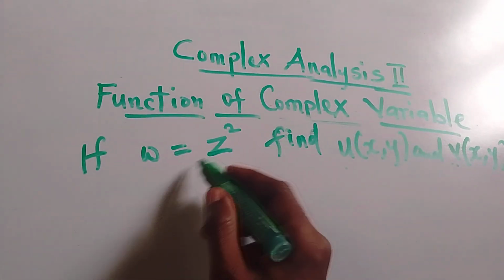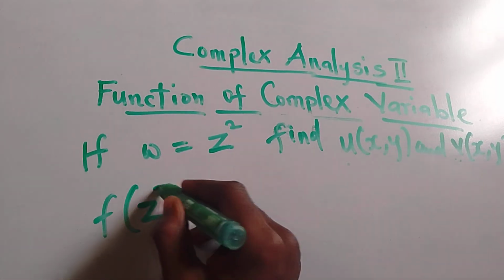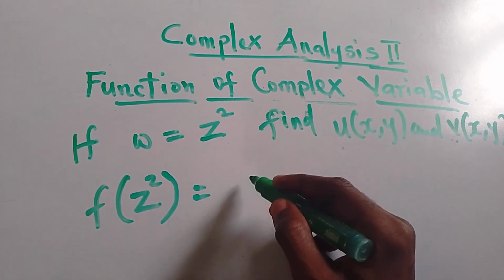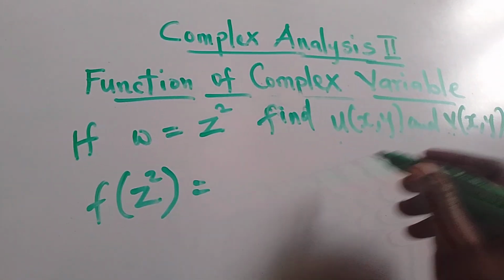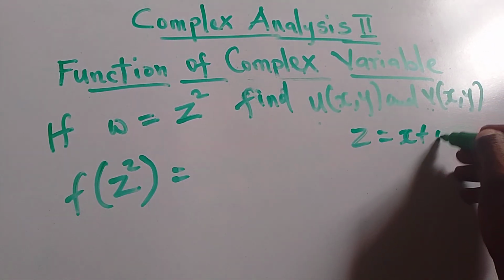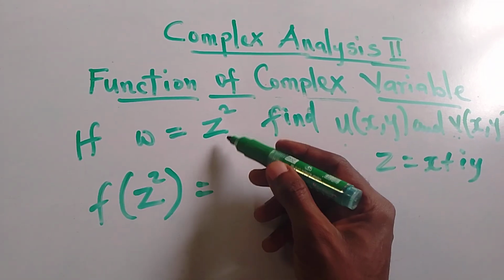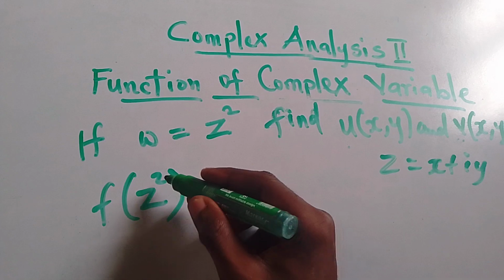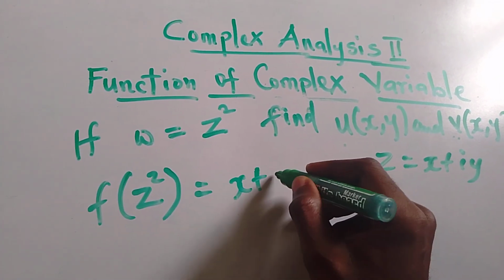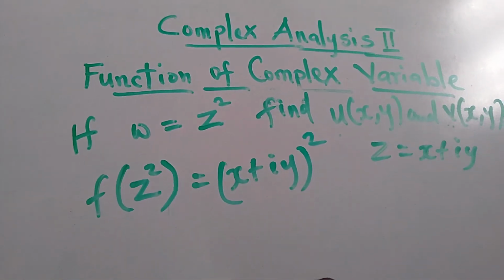So now let's solve this. If w is equal to z square, then f of z square is equal to, like I said, z is equal to x plus iy. So f of z square is going to be equal to x plus iy all square.